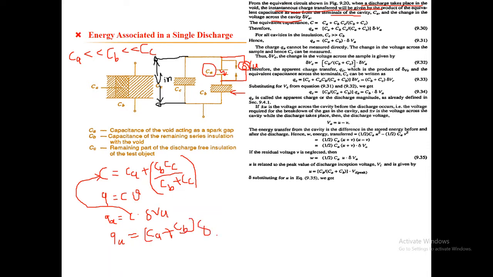CB can be neglected as compared with the value of the healthy capacitance. So here you can see the equation that has been derived, QA, the amount of charge transferred when the discharge takes place across the cavity capacitor. Let me wipe this to use the area again.